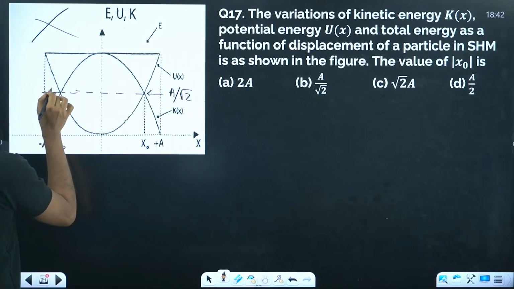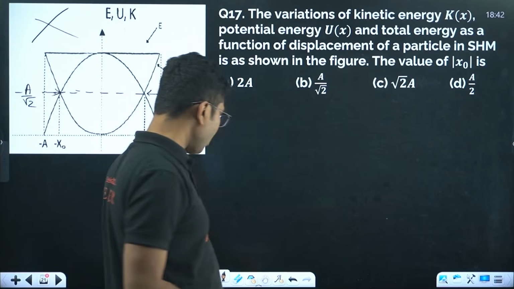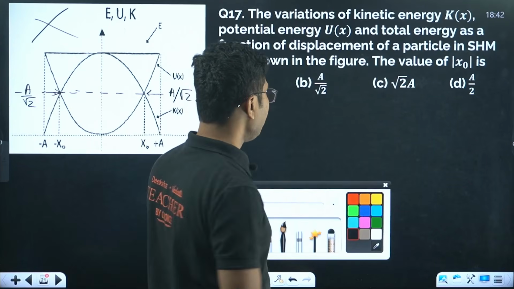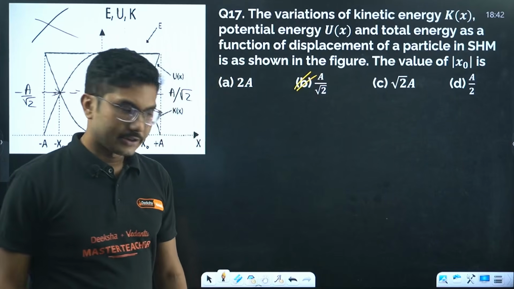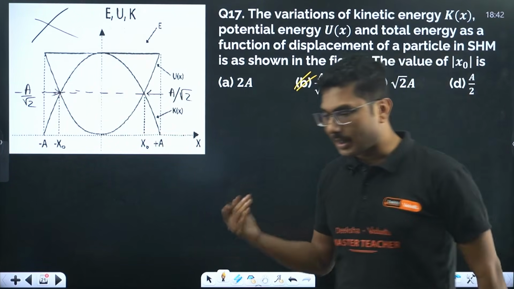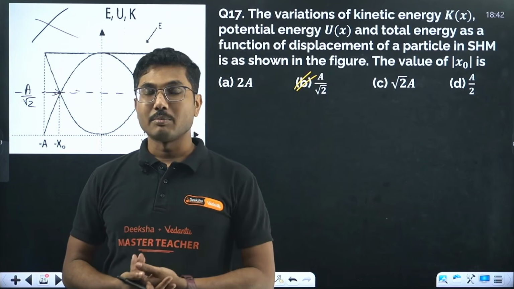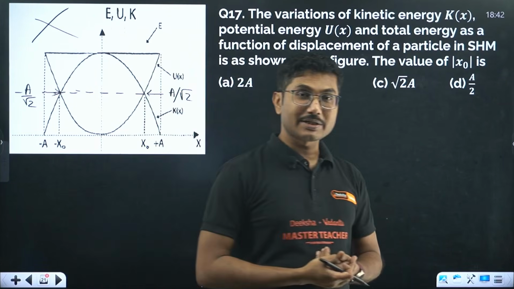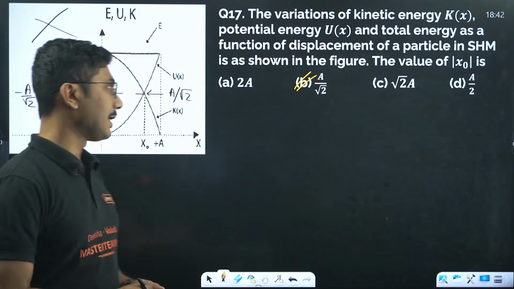Here it is the negative axis, so it will be minus a upon root 2, but since we are trying to find the modulus, it is a upon root 2. If they ask you a theoretical question, at what distance from the mean position kinetic and potential energy become equal? At a by root 2. If the amplitude is given, you can calculate that even.